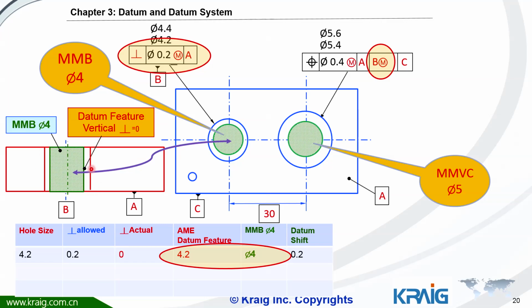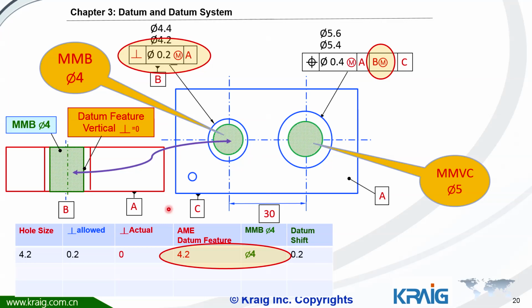It's perfect vertical to datum A. So in that case, we put the M4 bolt inside, and there's still a gap here, right? There's still a gap. So the gap will be, for single side, 0.1. That means it's still allowed to shift plus minus 0.1.